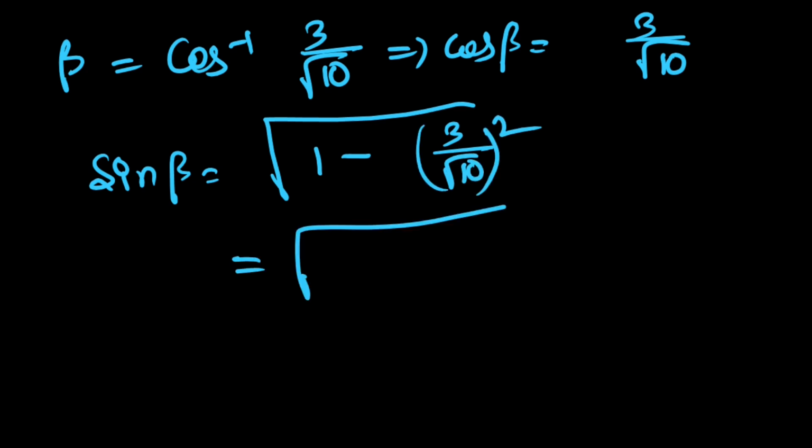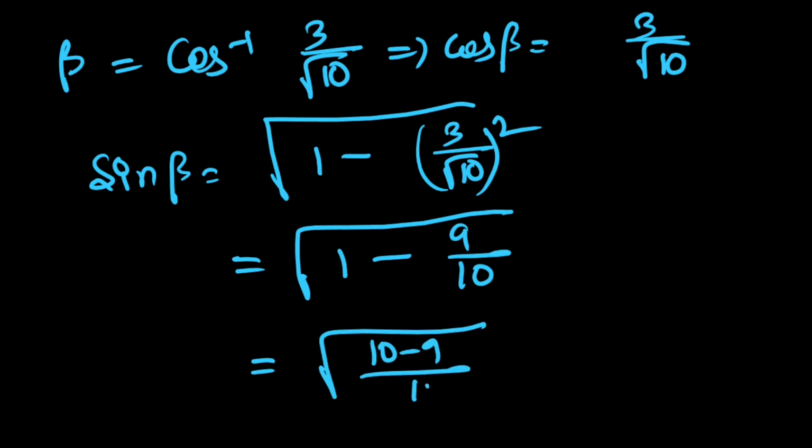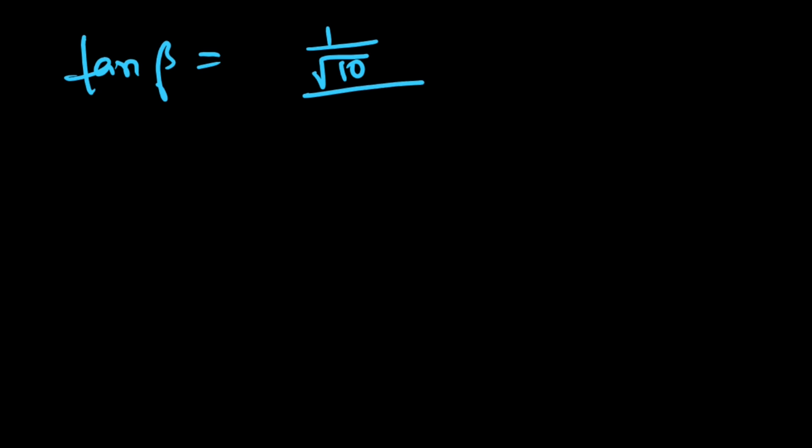So this implies 1 minus 9 over 10, that is root of 1 over 10, that is 1 over root 10. Therefore we got sin beta and cos beta. Therefore tan beta is equal to (1 over root 10) over (3 over root 10), that is 1 over 3. So tan beta is equal to 1/3.